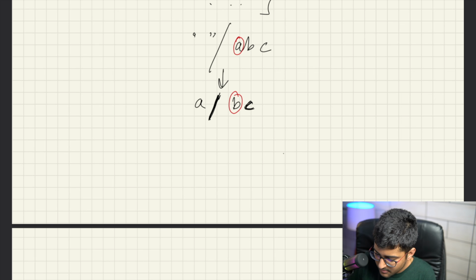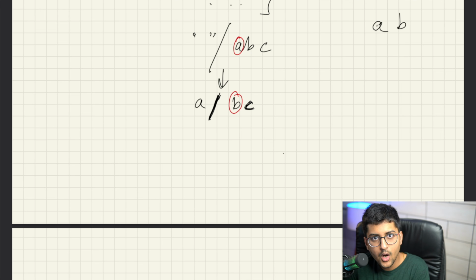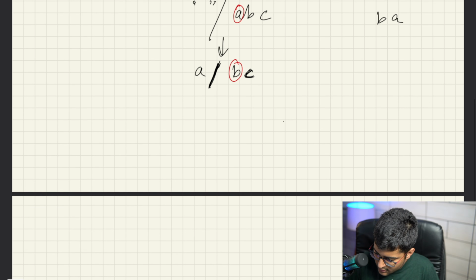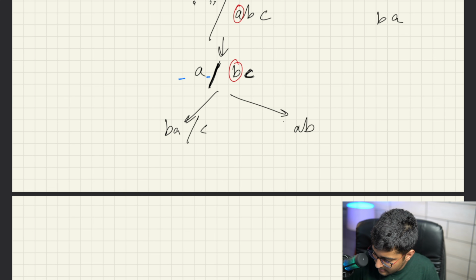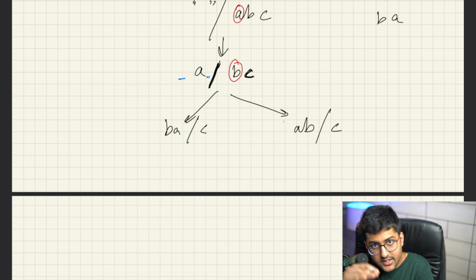If you had two characters A and B, what all answers can you get? I can get AB and BA. Those are the two permutations. You can put B either over here or here, so this will become BA or AB. Remaining will be C.